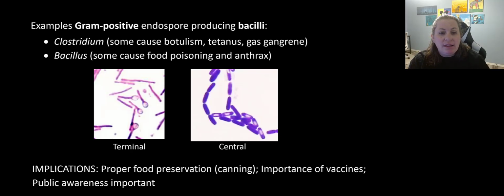We also see that these are going to be important for vaccines as well as making people publicly aware that there's an issue if there is. So say we see that there's a recall on certain canned food goods that were not canned properly because they contain endospores. We need to work on getting those off the shelves, getting people to throw them away if need be. So public awareness is very important with these.